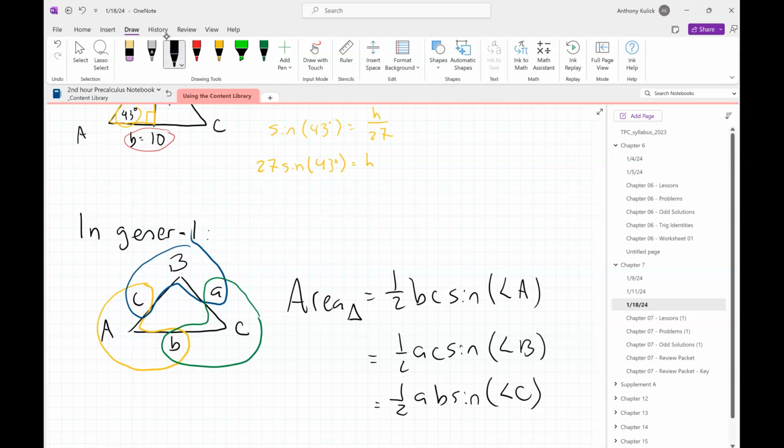What type of situation is that, the information circled in blue, yellow, and green? Side angle side situation, right?